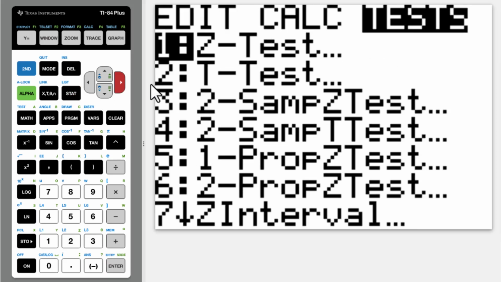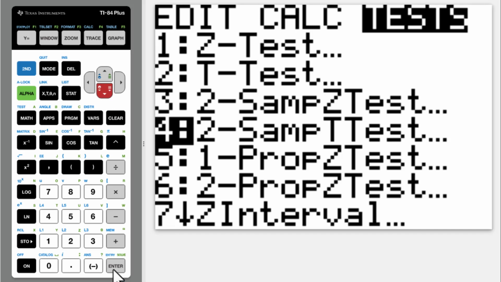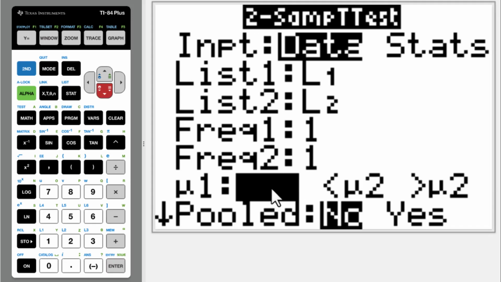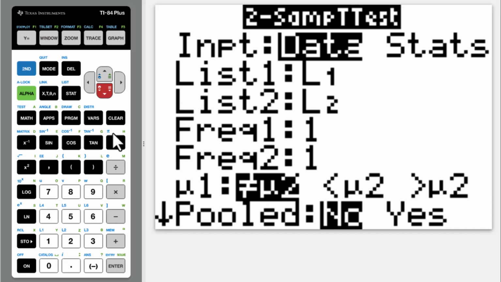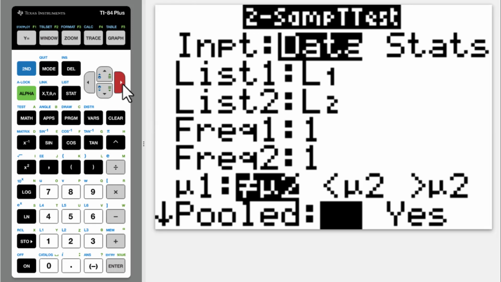Tests, find the two-sample t-test, enter, data L1, L2, 1, 1. This one you got to use alternative hypothesis mu1 is not equal to mu2. For pooled, we will use yes.